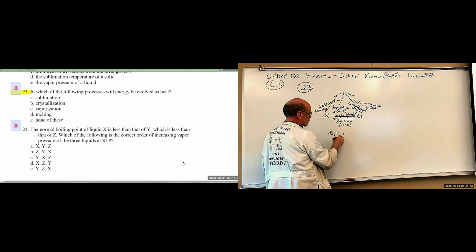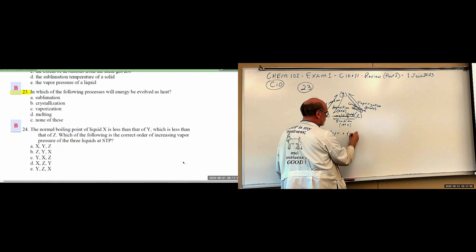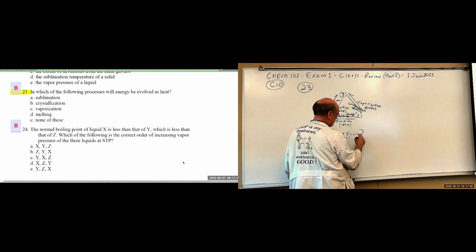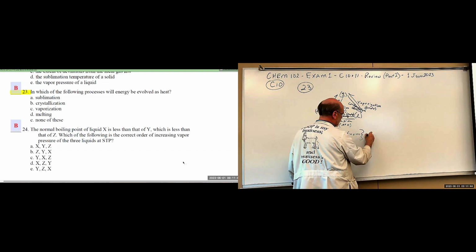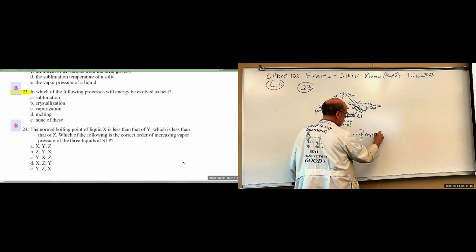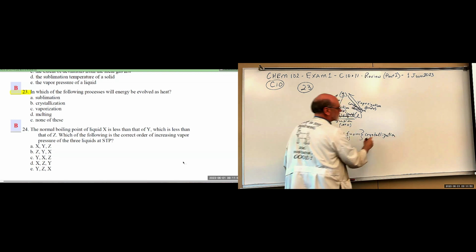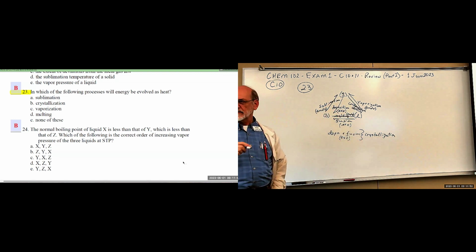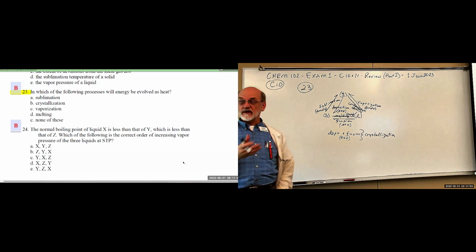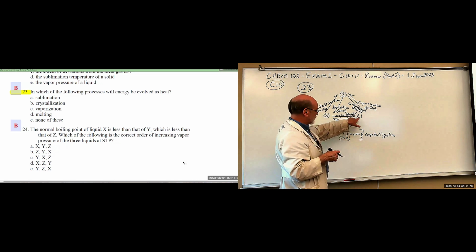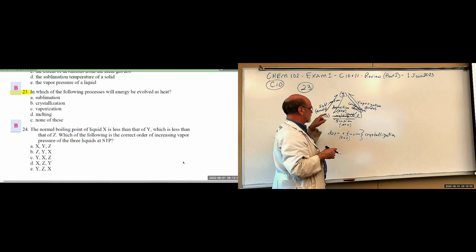Liquid to solid and fusion. These are both exothermic, and I think they're classifying either one as crystallization. Yeah, I think that's why I put this one in here, because of that term. We haven't covered that term. It could be confusing. But crystallization can happen either from a liquid to a solid or a gas to a solid.